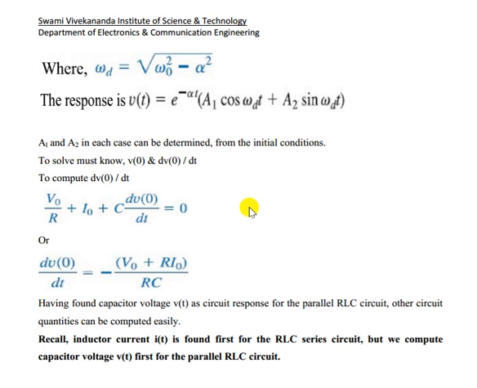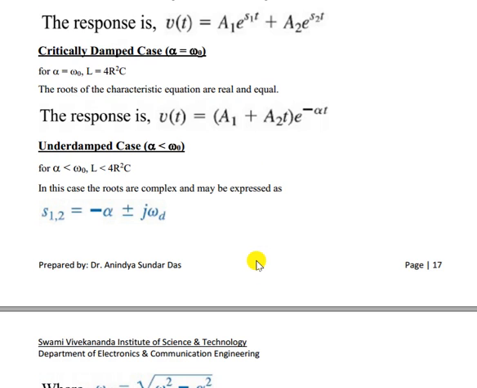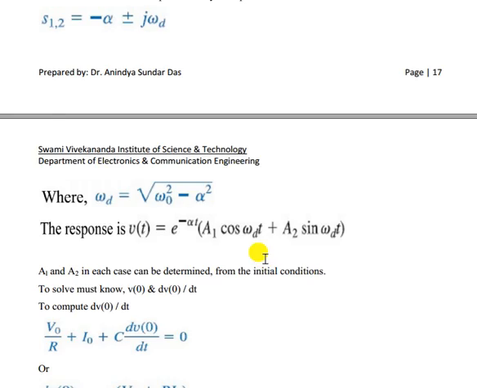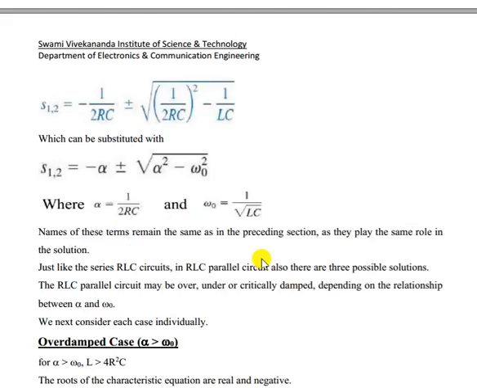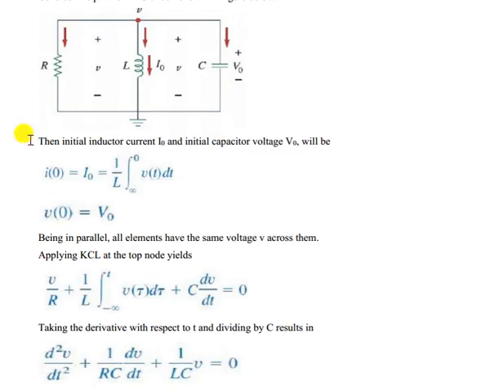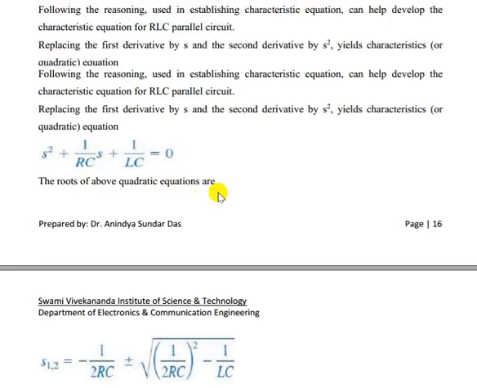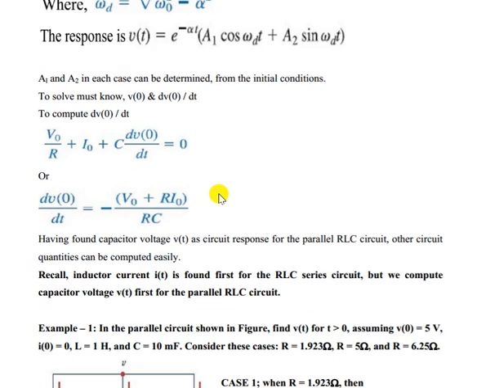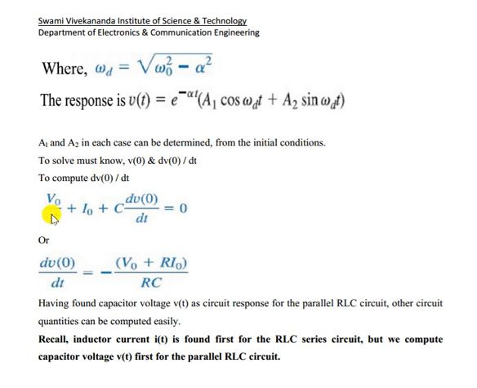Now how do we find the dv(0)/dt value? For that, in this parallel circuit, the voltage is basically the same, right? So we can write, say the voltage is V0, then V0 by R plus I0, the current through the inductor, plus C dV/dt, the current through the capacitor, equals 0.